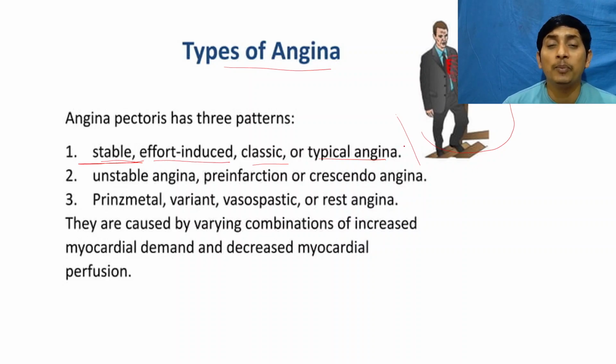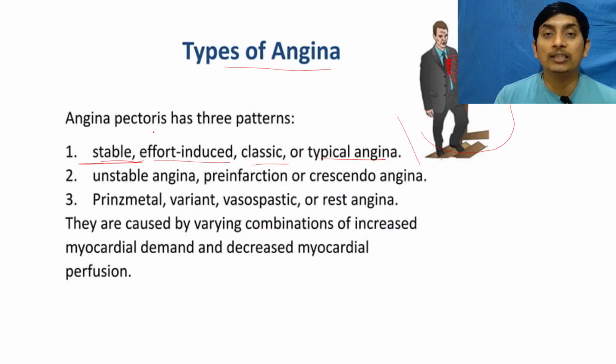When a patient is sleeping or sitting, not under sympathetic activation or doing any physical exercise, they do not feel any chest pain. But when a patient starts any physical exercise like climbing stairs, walking or running, the sympathetic nervous system is activated.